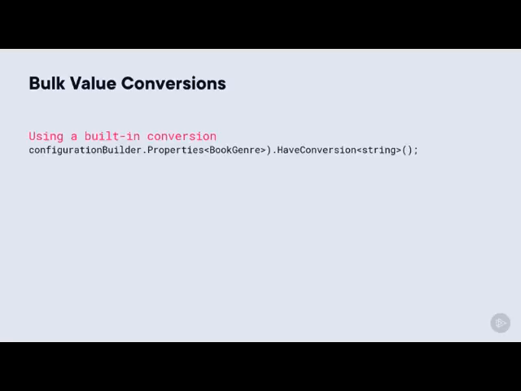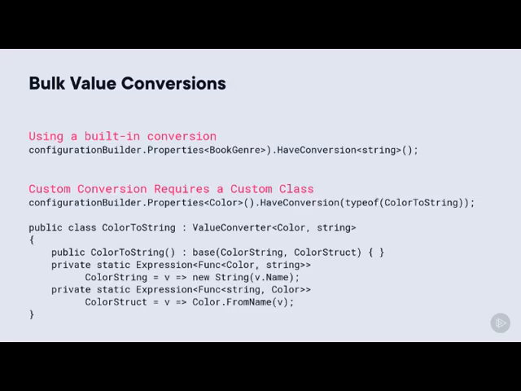Additionally, there's a bulk version of HasConversion, and that's called HaveConversion. With that, if I have multiple classes that use the BookGenre enum and I want that to always be stored as a string, I can use HaveConversion to do that instead of adding a mapping for every one of those properties. However, if you've created a custom conversion, the shortcut I showed you before won't work with bulk conversions.